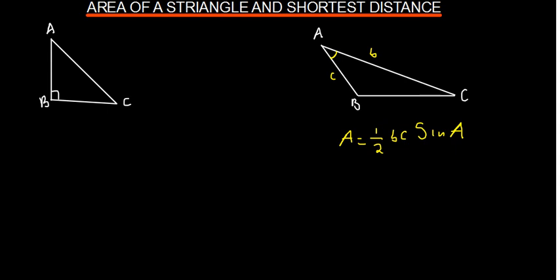Is that okay? All right. So now let's say for this triangle we've been given that this is 30 degrees. Okay, that's 30 degrees. And then you've been given that, let's say this is 5.